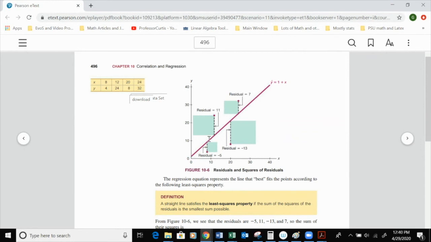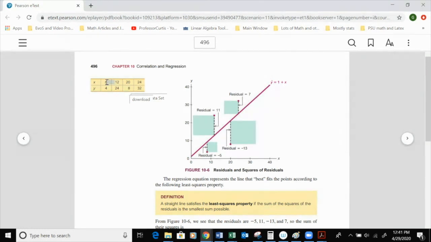We have plugged these into the formula. No, we haven't. We used StatCrunch. We're not going to do calculations in this class if we can avoid it because we're lazy. We've used StatCrunch, and the technology has reported to us that the regression line equation is Y hat equals 1 plus X. Okay, nice enough.